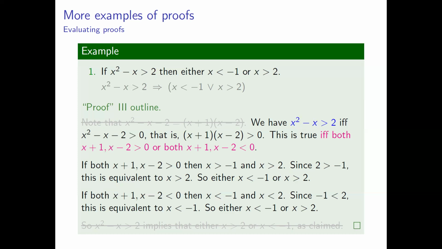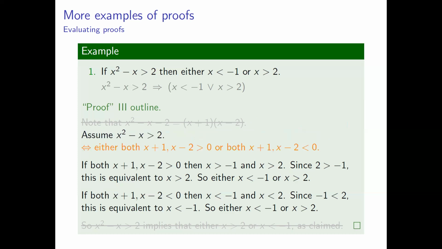Also, if we read the details, we see that the justification of this conclusion is correct. So the first paragraph begins by assuming that x squared minus x is greater than 2 and shows that this is equivalent to the condition that either both x plus 1 and x minus 2 are positive or both x plus 1 and x minus 2 are negative.